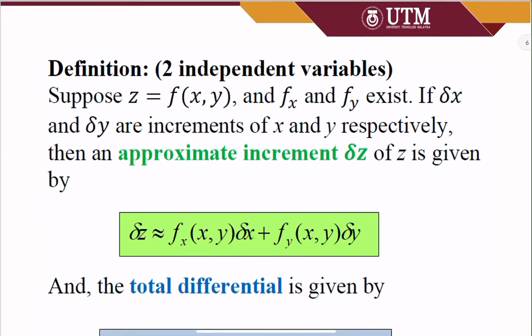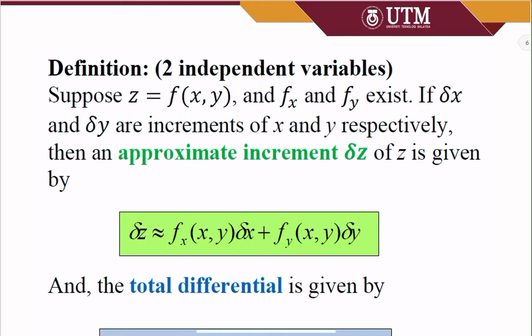So this is the case where the increment is very small. Let's look at the next definition. Suppose z is equal to f(x, y) and fx and fy exist. Just now we looked at one independent variable only, but now we want to look at two independent variables.